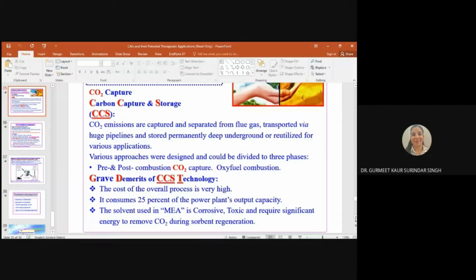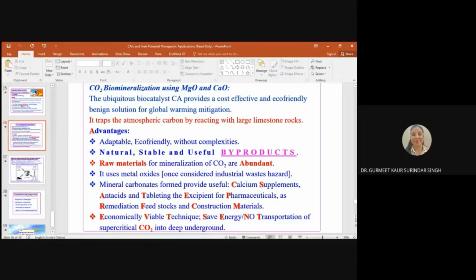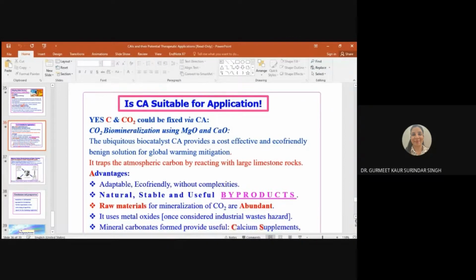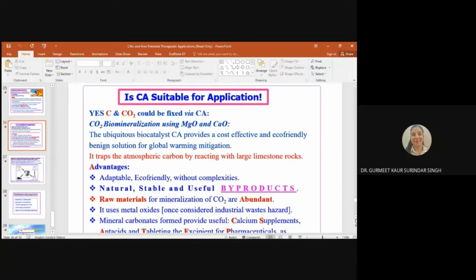The other way, the most interesting one, is to use carbonic anhydrase itself in order to sequester carbon dioxide, similar to what goes on in photosynthesis. By this way, we will get many advantages. The first is that this procedure is eco-friendly and adaptable.